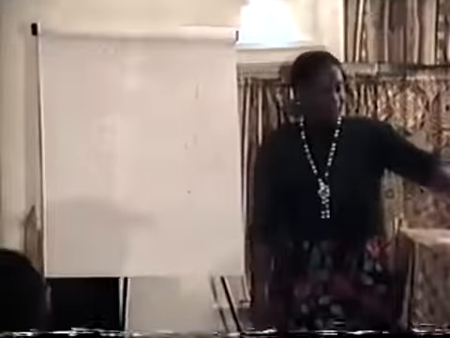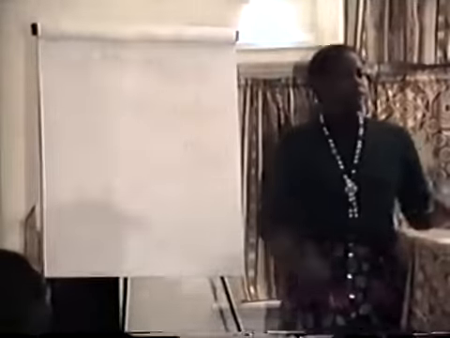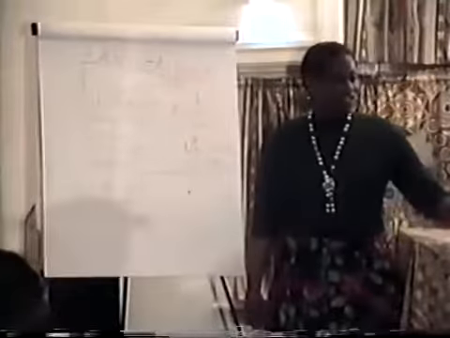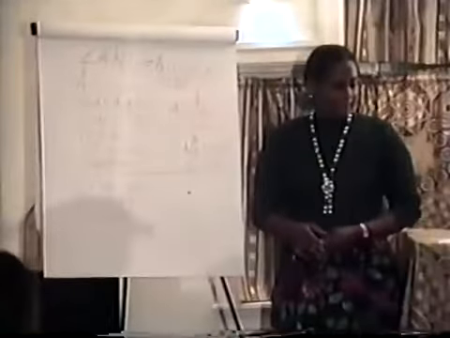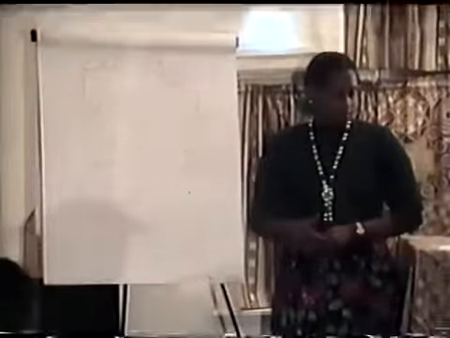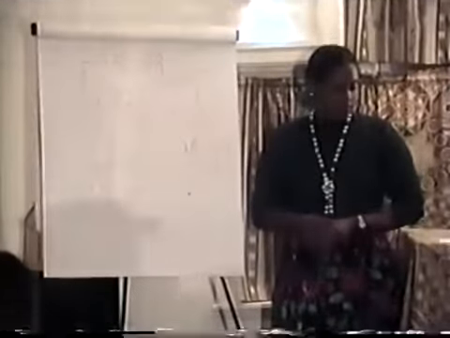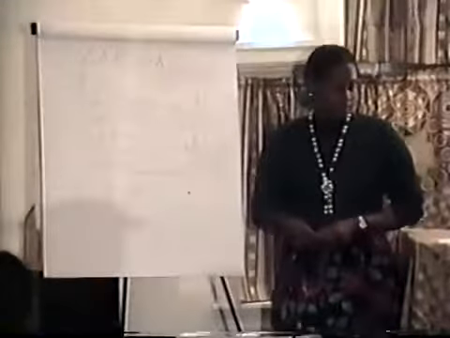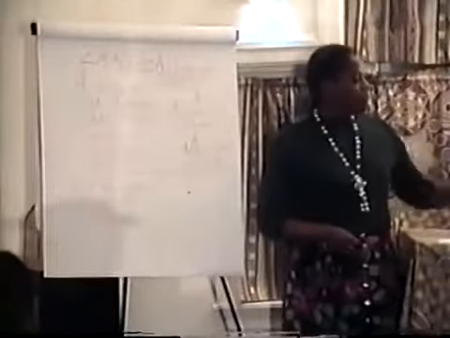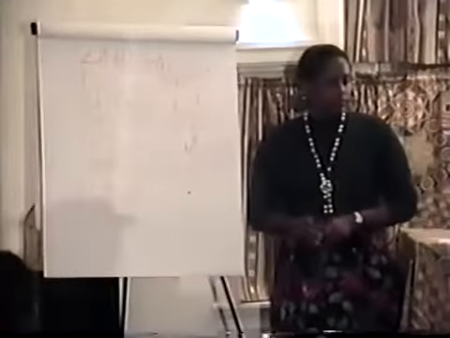Read it again, please. No state shall enter into any treaty, alliance, or confederation, grant letters of marque or reprisal, coin money, emit bills of credit, make anything but gold and silver coin a tender in payment of debts, pass any bill of attainder, ex post facto law, or law impairing the obligation of contracts, or grant any title of nobility.